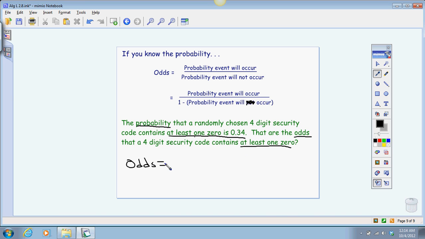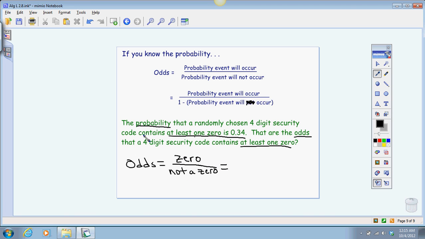In this case, the probability the event will occur, what event are we talking about? Well, we're going to talk about the probability of having a 0, and we're going to compare that to not a 0. Odds: what we want compared to what we don't want.